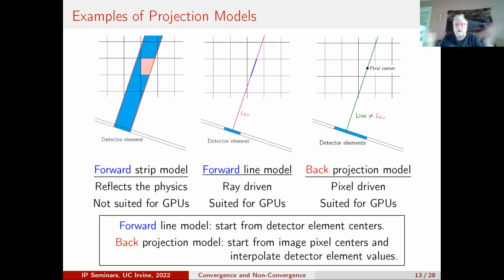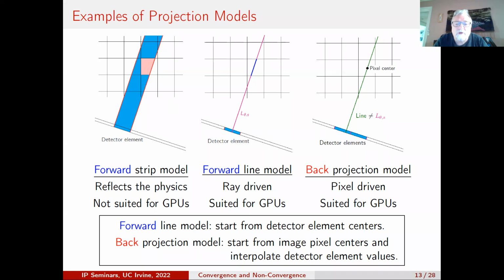What is fixed here is the machine and the projection angles and so on. What is also fixed is the size of the detector elements, because that's just part of the machine. What you can choose is the size of the pixels, so you're free to choose how fine a discretization you want of your image.